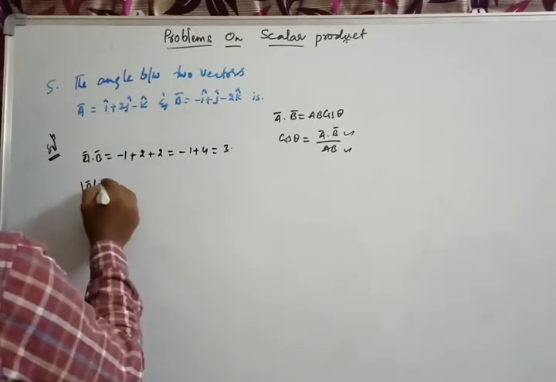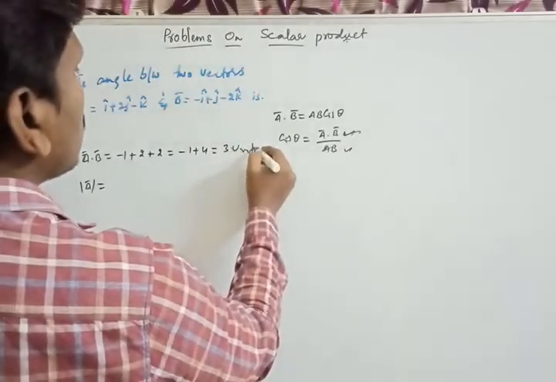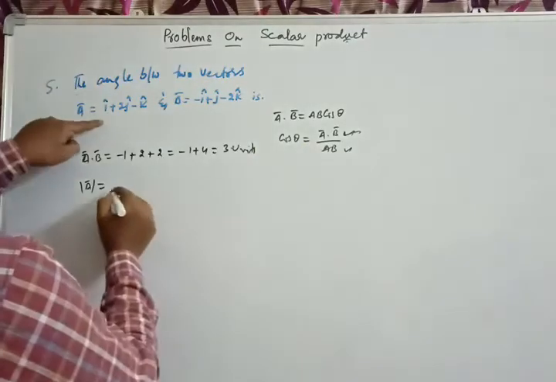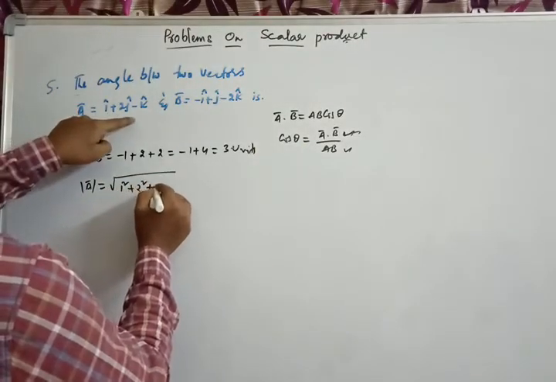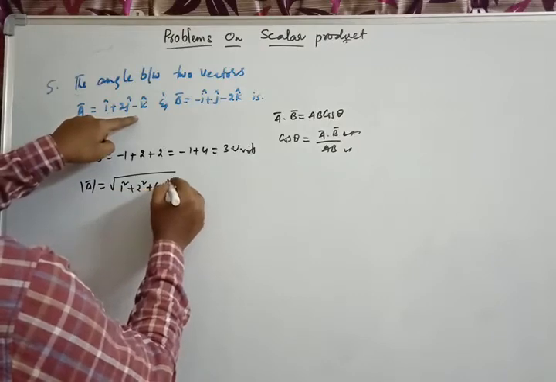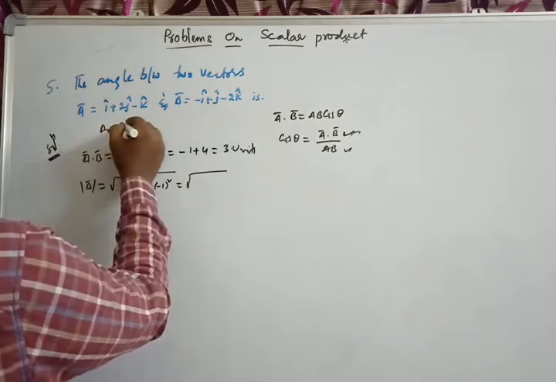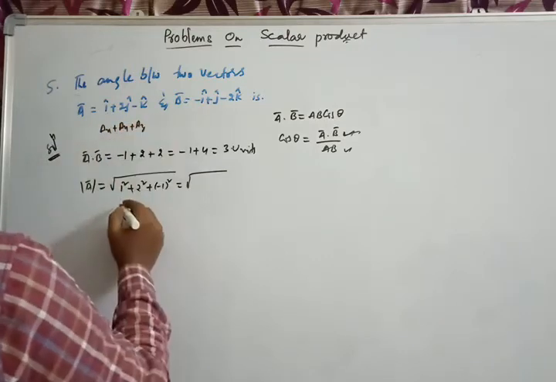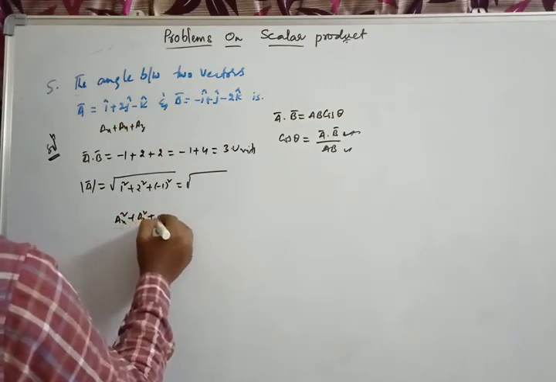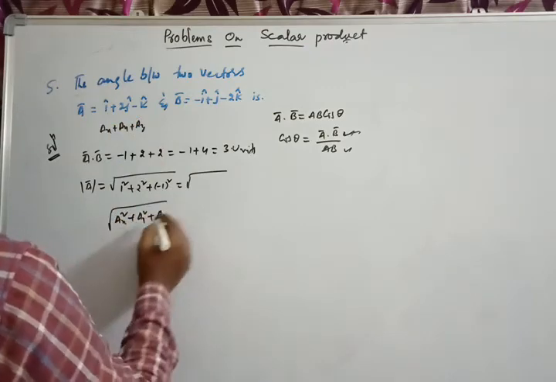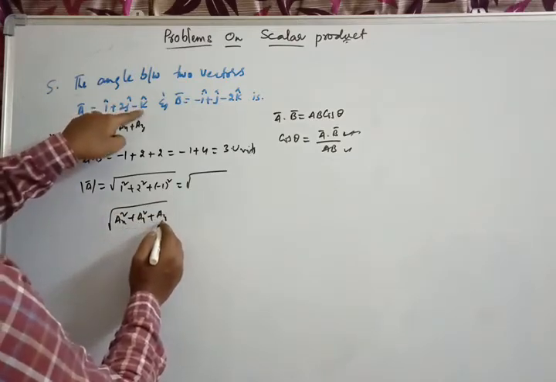Then what is mod A bar? That is the square root of 1 square plus 2 square plus minus 1 whole square. It is in the form of the square root of Ax square plus Ay square plus Az square, where Ax is 1, Ay is 2, Az is minus 1.